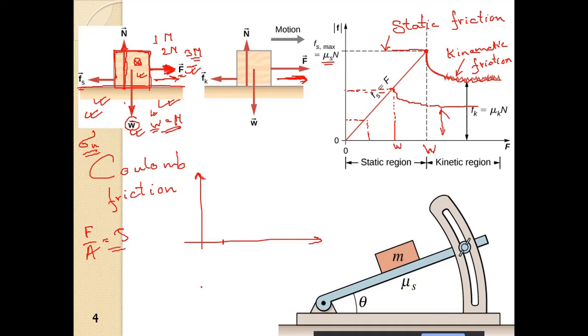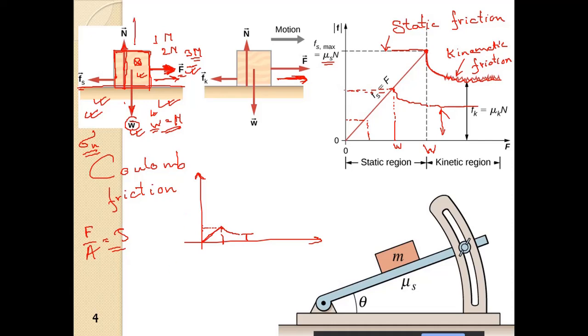So when we go on applying the force, the force is increasing. At a particular point, it will start moving. This is the kinetic friction and this is the static friction here.